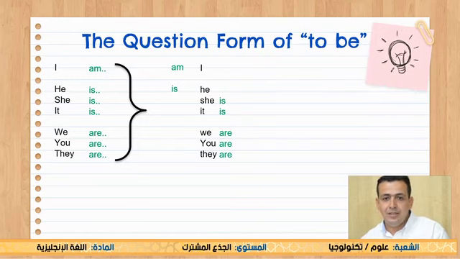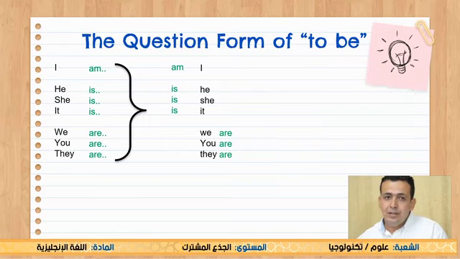Okay, she is. If we reverse it, it becomes is she. Is she an engineer? This is a question, of course. So we reverse the verb. We put it at the beginning before the subject. The same goes with it. It is becomes is it, and then you finish the question. This is for the second part.